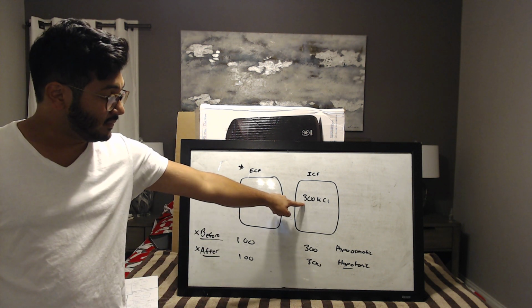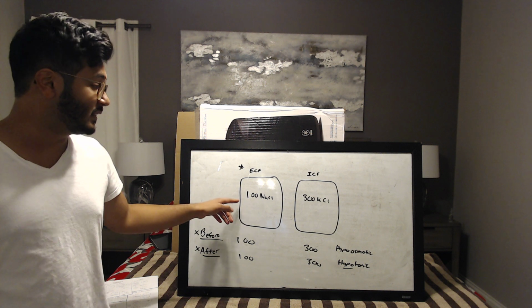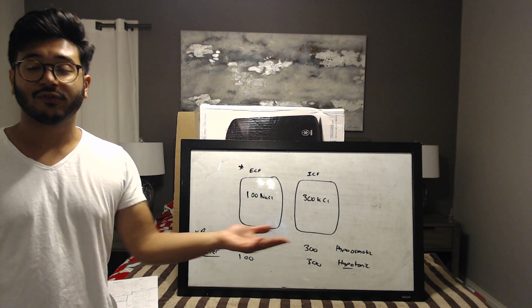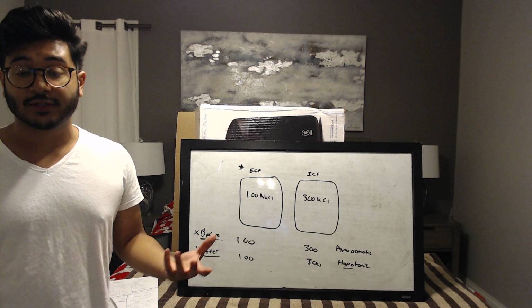But in this case, you are going to get a movement of water, because if you look at it, this 300 value is obviously more than the 100. Water is going to flow towards the higher concentration.